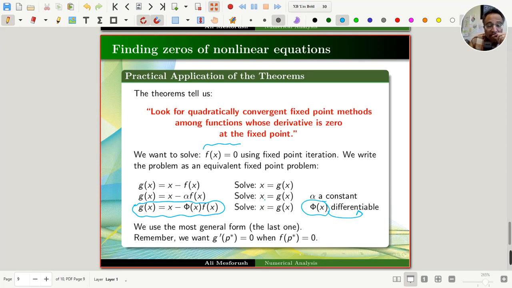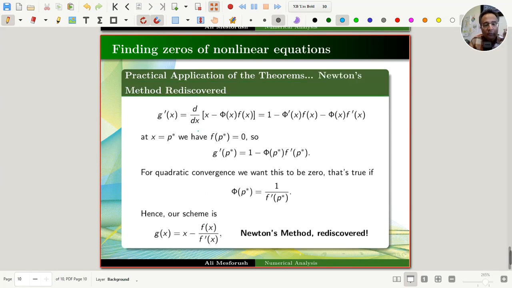Now if we can find phi of x such that g prime of p star is equal to 0, so f of p star will also be 0, but the rate of convergence for this fixed point problem is at least quadratic.